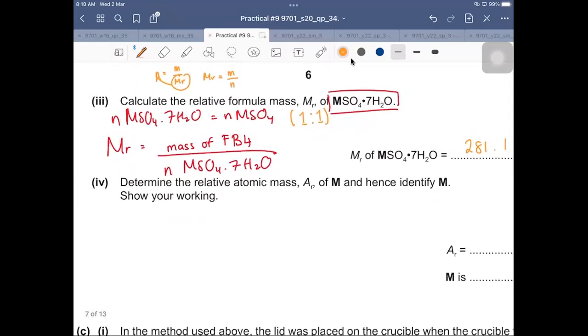And to find the AR of M, you add the AR of M plus AR of sulfur plus 4 times the AR of oxygen plus 7 times the MR of H2O, which should be equal to 281. Okay?